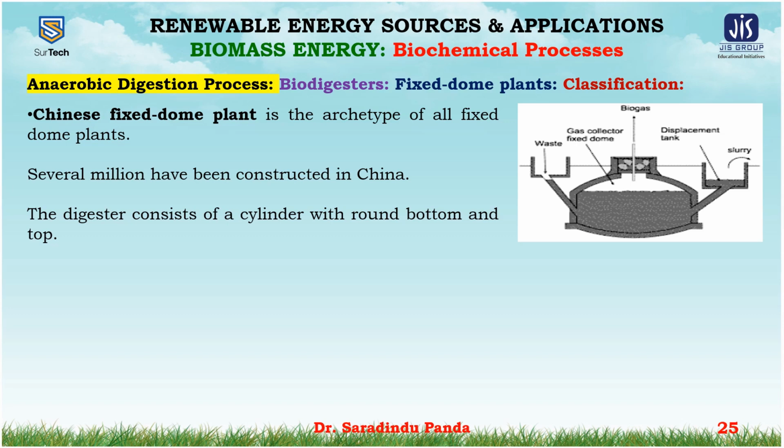The following structural measures are recommended to avoid cracks in the gas holder. The foot of the dome should be stabilized by letting the foundation slab project out enough to allow for an outer ring of mortar. A weak ring or pivot ring should be provided at a point located between half and two thirds of the minimum slurry level.